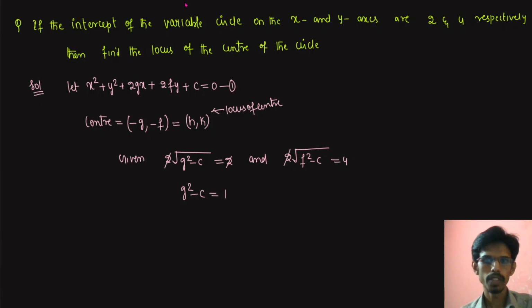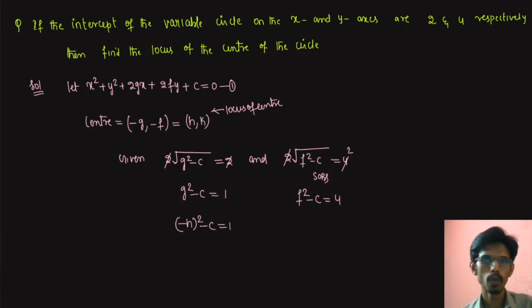Here also, 2 twos are 4, 2 twos are... apply squaring on both sides. I will get f square minus c equals 2 square, which is 4. Now the g value is minus h: (minus h) whole square minus c equals 1.